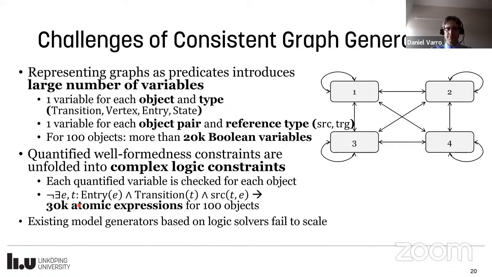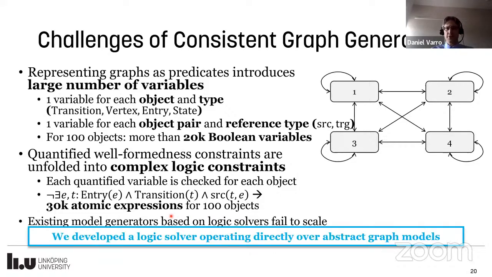And this part, for a model of like 100 objects, is not very appreciated by SAT solvers. We ended up finding that model generators that are directly based on logic solvers somehow fail to scale.